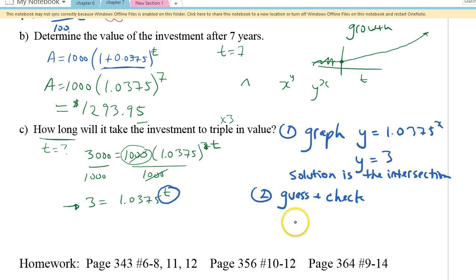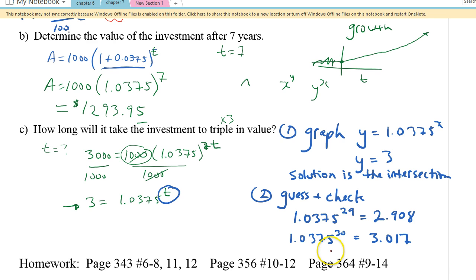So if you play around a little bit, I find out that 1.0375 to the power of 29 is equal to 2.908, and 1.0375 to the power of 30 is equal to 3.017. So in terms of the question, how long would this take, the answer would be 30 years. Because at the end of 29 years, you're not there. By the time you hit 30 years, then you're going to cross that 3.